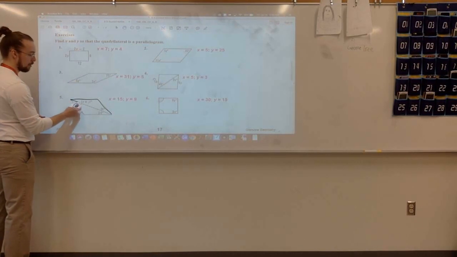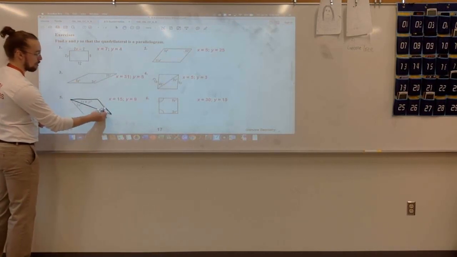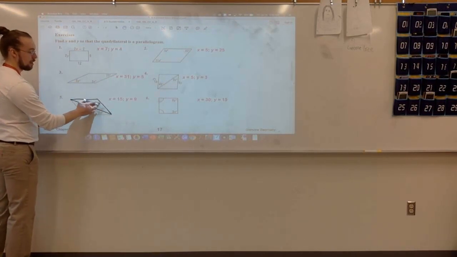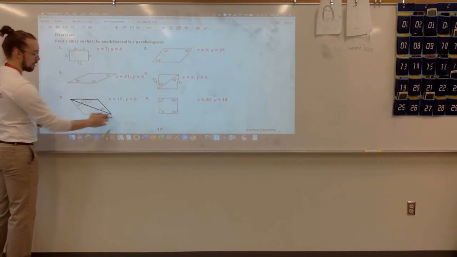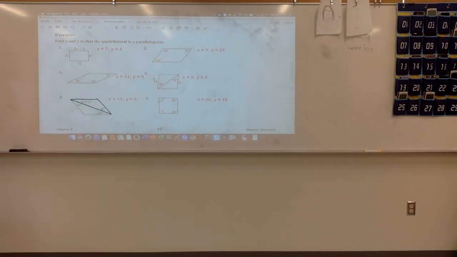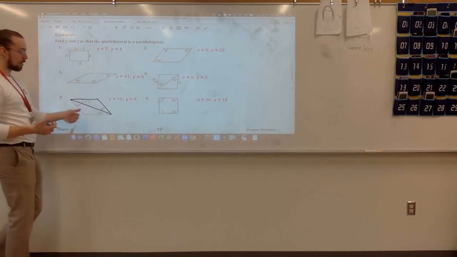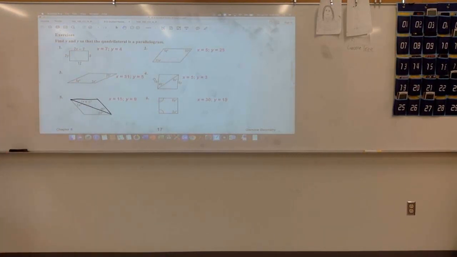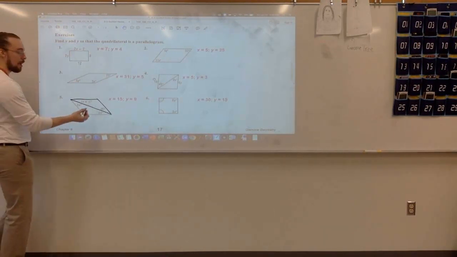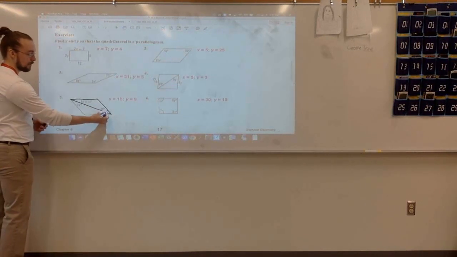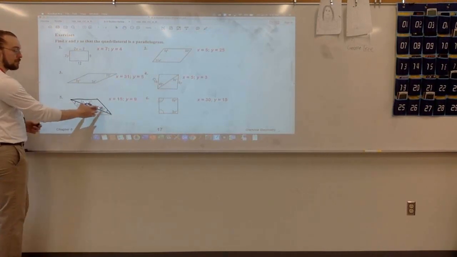One thing that we know about parallelograms is that the diagonals cut the parallelogram into 2 congruent triangles. And we said yesterday the 2 angles that would be congruent would be the alternate interior angles.